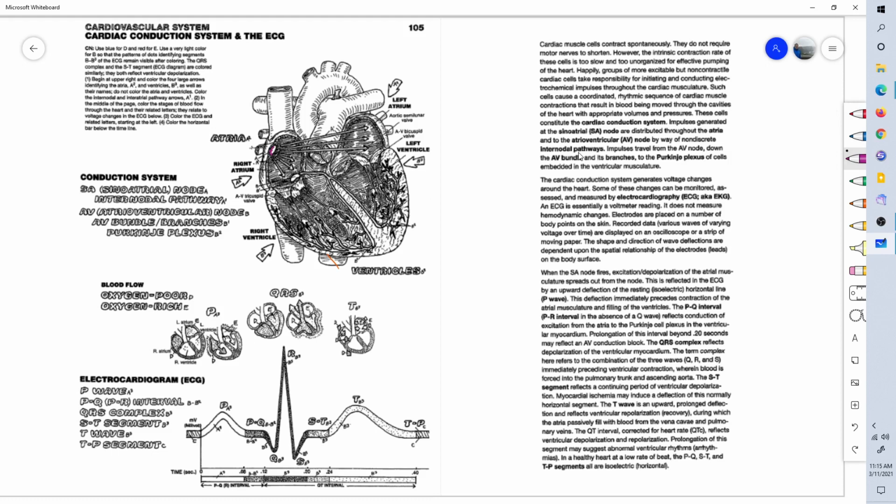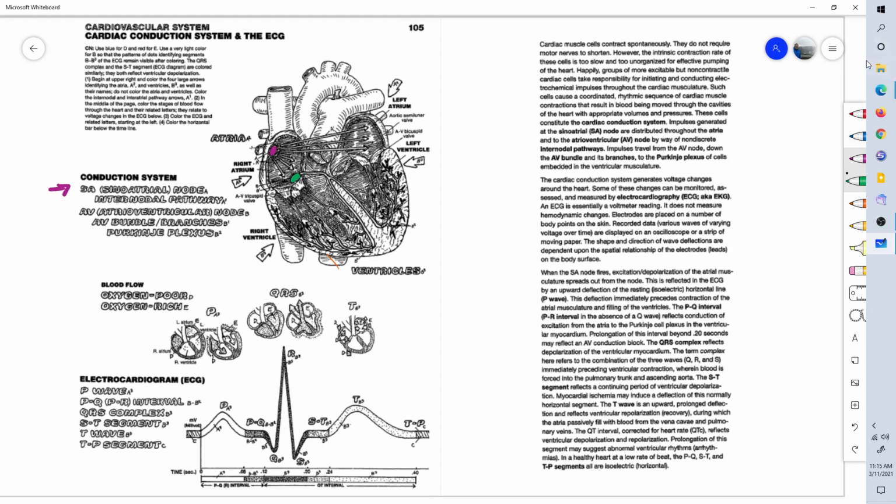There are two nodes, the sinoatrial node, or the SA node, and the atrioventricular node, or AV node. And these nodes modify the signal and tell these cardiac muscles exactly when to contract.